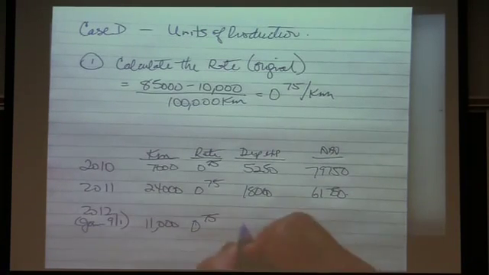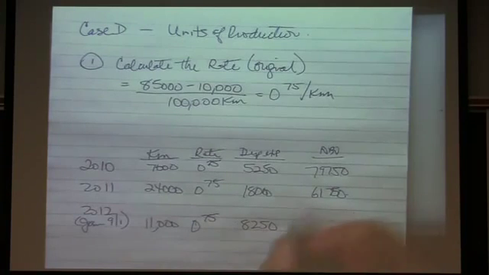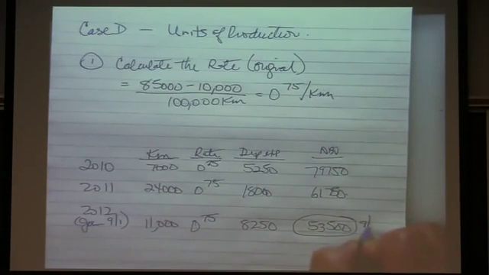Give us 8,250. Net book value is 53,500. This is the net book value as at 9/1/12.